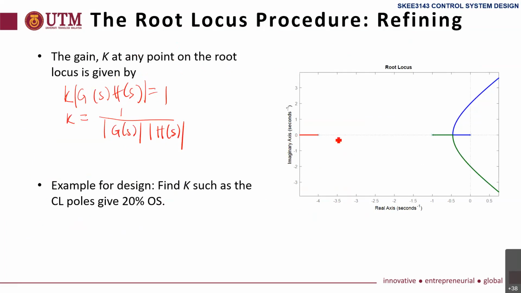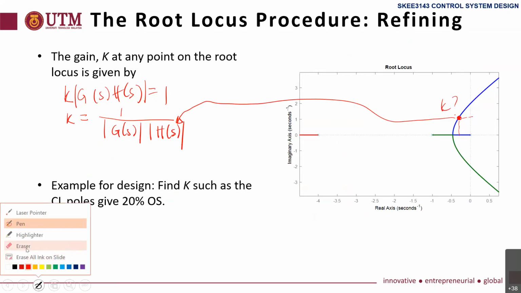If we know S, let's say I want K here, I know this value and I know the point here. Then this S can be substituted into G(s)H(s). Then we can solve for K.